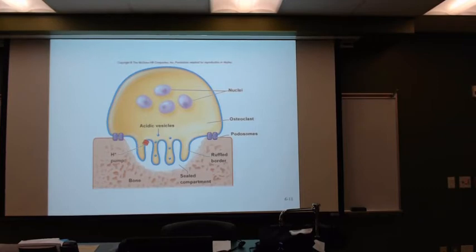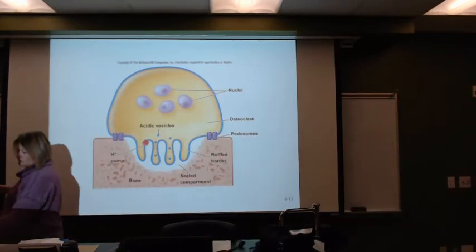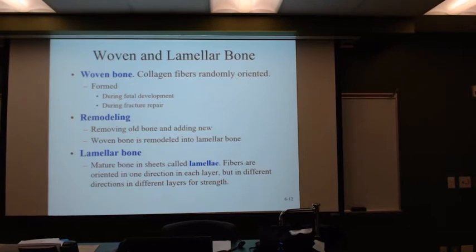Now, before we go into the next part, because bone, first of all, has to form, okay? And then it has to do the repair and the remodeling and the ability to withstand stress, okay? Bone has the ability to be what is called woven.